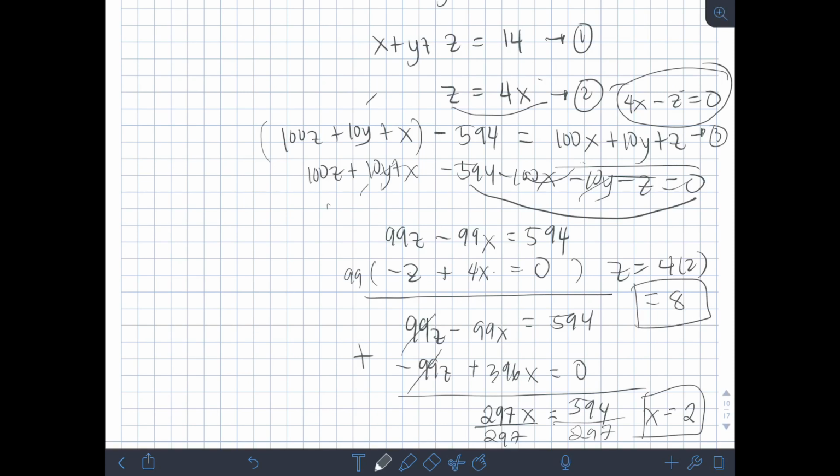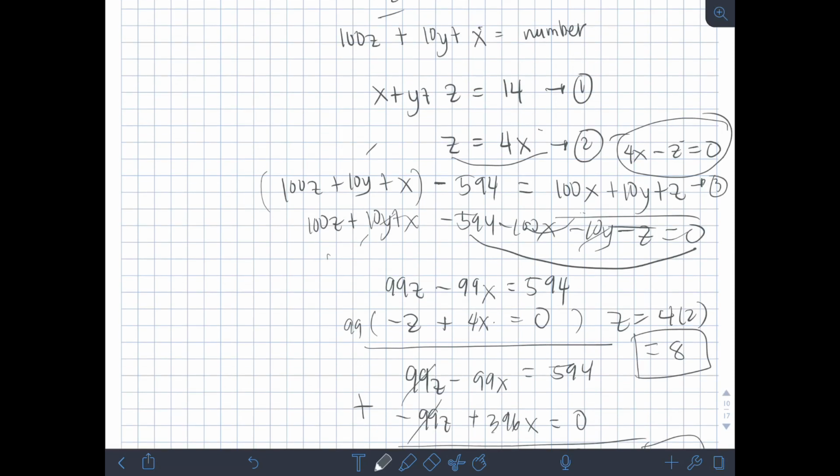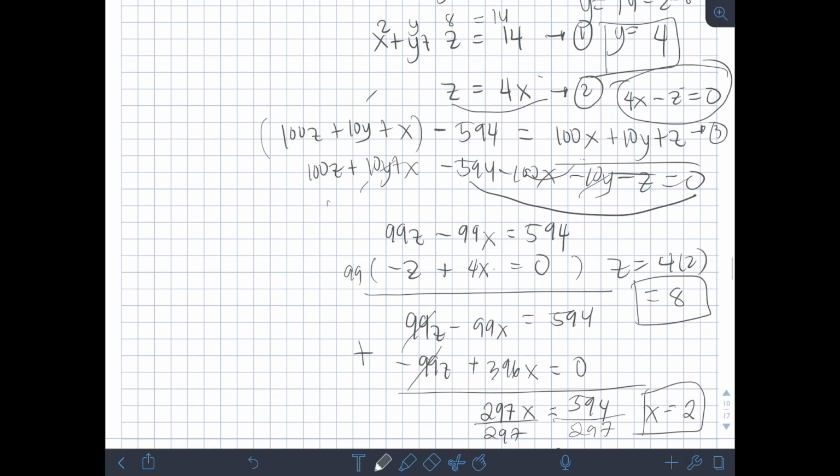Okay? And then for y, we use equation 1. So x is 2, y is unknown, z is 8, equals 14. So we have y is equal to 14 minus 2 minus 8, or simply 4. So therefore, y is 4, z is 8, and x is 2.